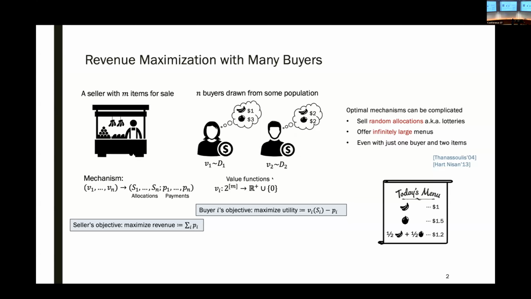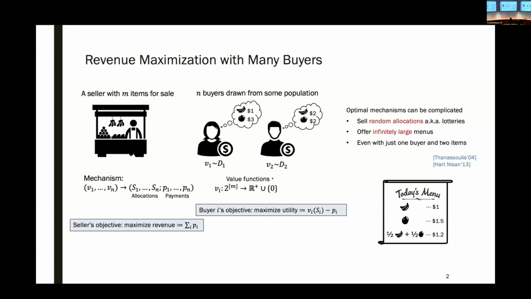It turns out that the revenue-optimal mechanism can have an unwieldy form, where it's not just pricing subsets of items, but also pricing potentially random allocations or lotteries, and it might even offer the buyer an infinitely large menu of many different lotteries.